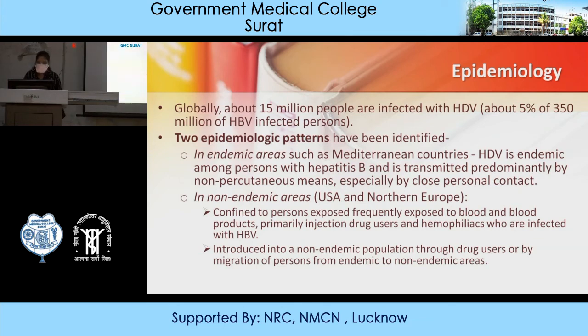While in non-endemic areas like US and Northern Europe, it is confined to persons exposed frequently to blood and blood products, primarily injecting drug users and hemophiliacs who are infected with hepatitis B virus infection. And it is introduced into the non-endemic population through drug users or by migration of persons from endemic to non-endemic areas.